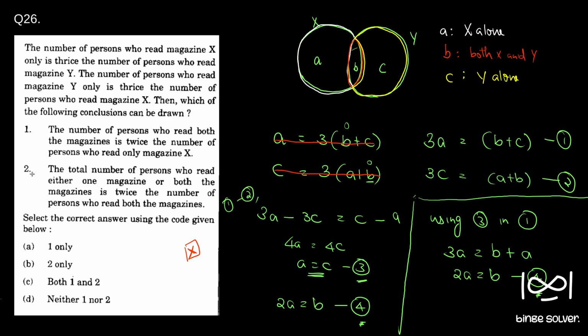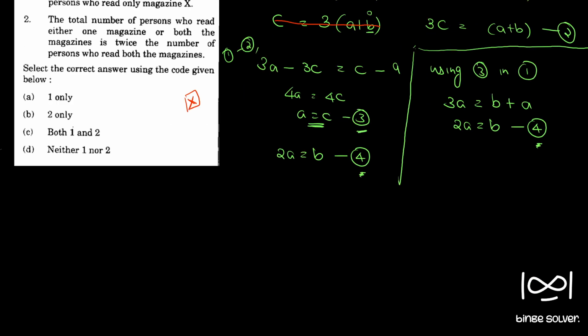Now the second statement is: the total number of persons who read either one magazine or both the magazines is twice the number of persons who read both the magazines. So we have to check that. Either one magazine becomes a plus c, or both the magazines, which is b.